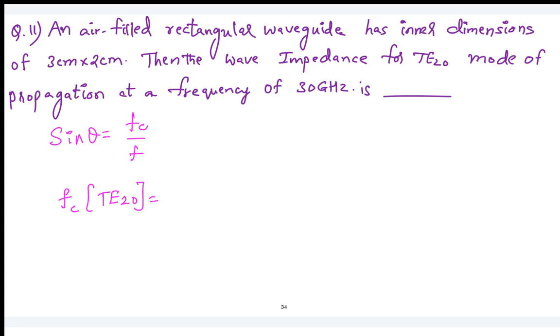So for the second mode, you are going to get it as mc divided by 2a, m is equal to 2. So what is the value? So substitute the values and tell me what cutoff frequency you got.